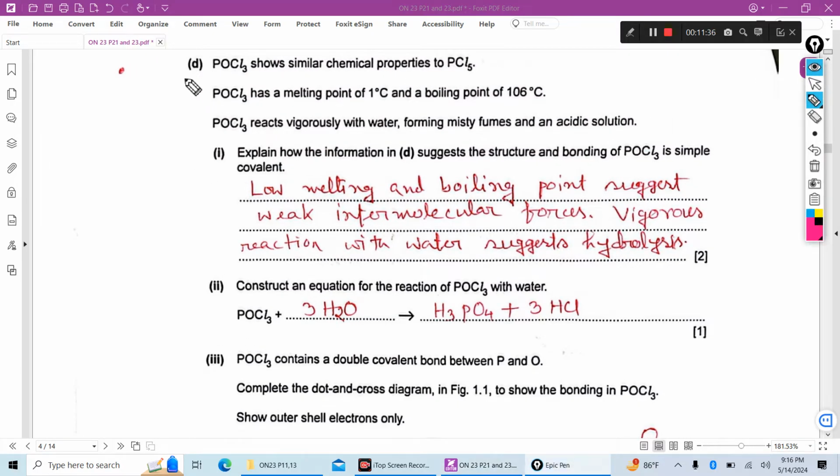Now number D, phosphorus trichloride oxide shows similar properties to PCl5, phosphorus pentachloride. Phosphorus trichloride oxide has a very low melting point and a low boiling point.